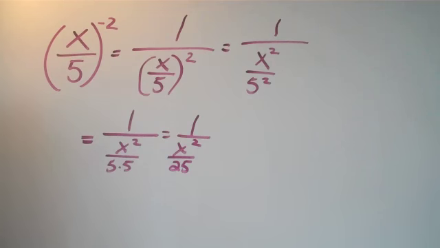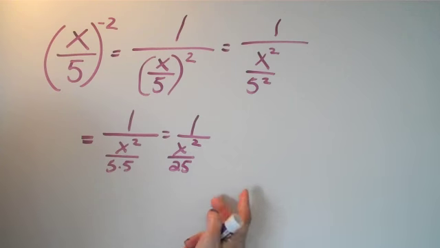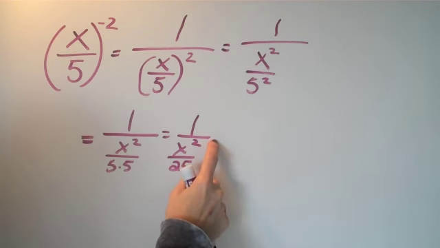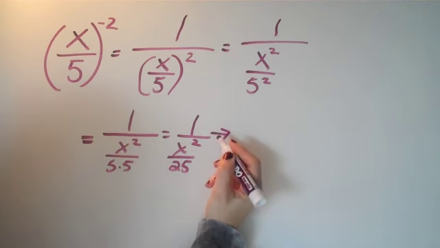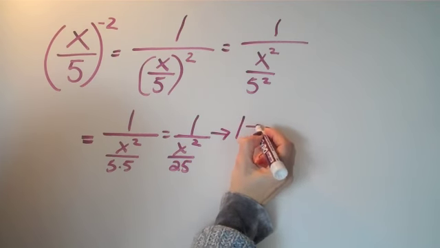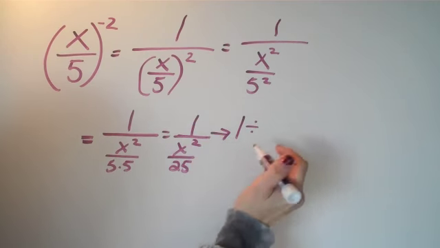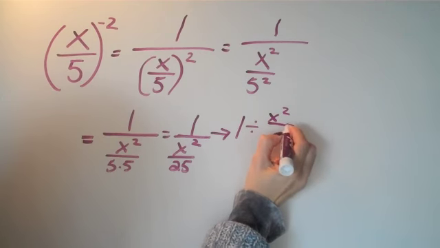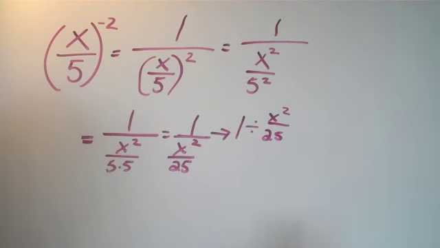And if you remember, what ends up happening here is this ends up flipping in our final answer because you're dividing by a 1. If you want to see why that happens, it's because this line right here is division. So if I were to just rewrite it, keep everything the same, I would have 1 divided by x squared over 25. This right here is this right here. It's the same exact thing, just written a little bit differently.